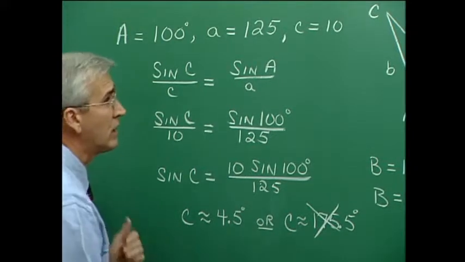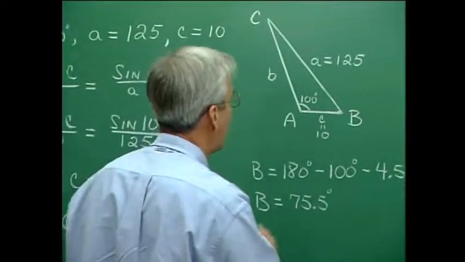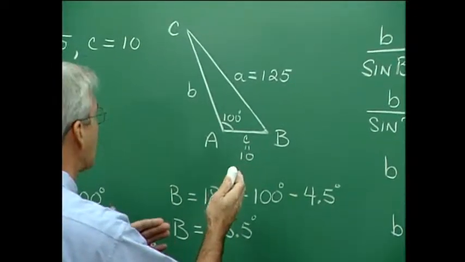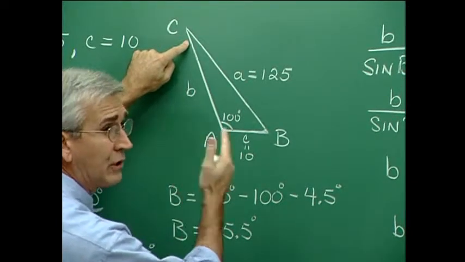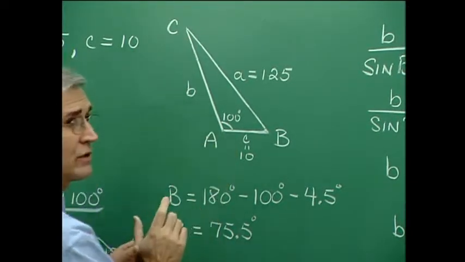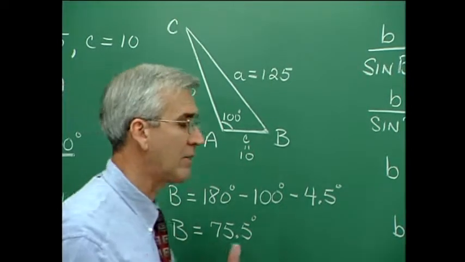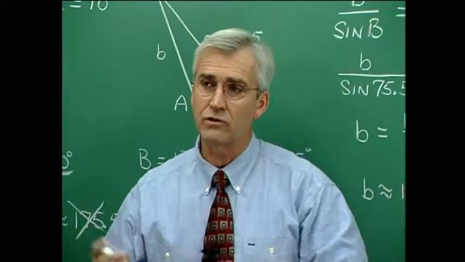Okay, let's look at the triangle. Now, if we had looked at the diagram of the problem, we might have been able to think our way through the idea that the angle C can't possibly be obtuse because there's only one way to draw this triangle. And by the way, when you start to think about, is there one way to draw the triangle or is there another way to draw the triangle?